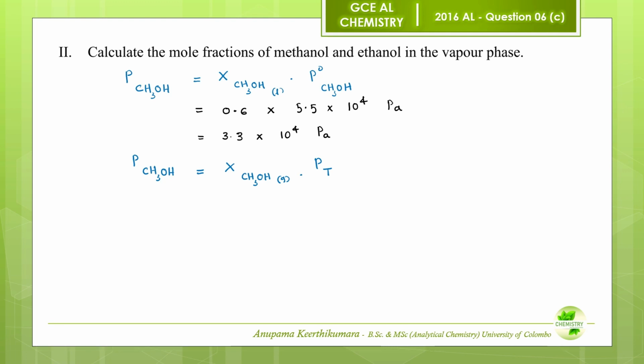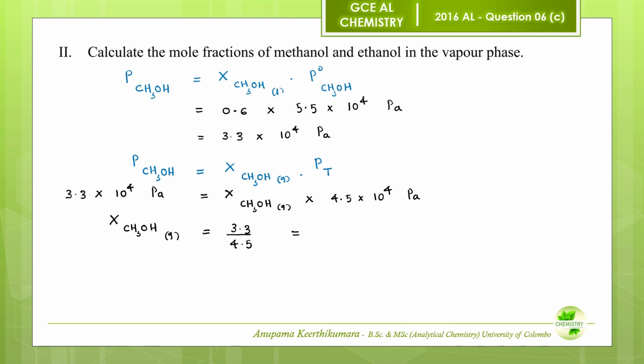The partial pressure we just calculated, 3.3 times 10 to the power 4 Pascal, equals the mole fraction of methanol in the gaseous phase times the total pressure, which is 4.5 times 10 to the power 4 Pascal. The mole fraction of methanol in the gaseous phase equals 3.3 divided by 4.5, because the 10 to the power 4 cancels out.